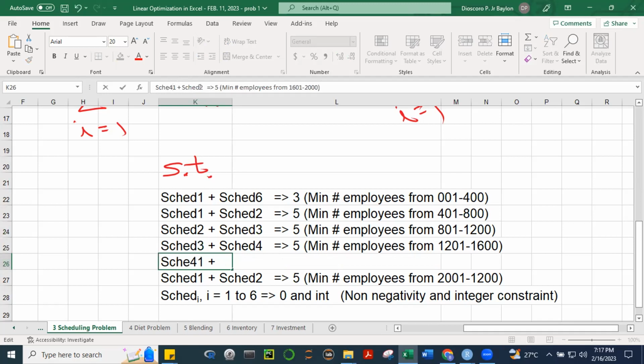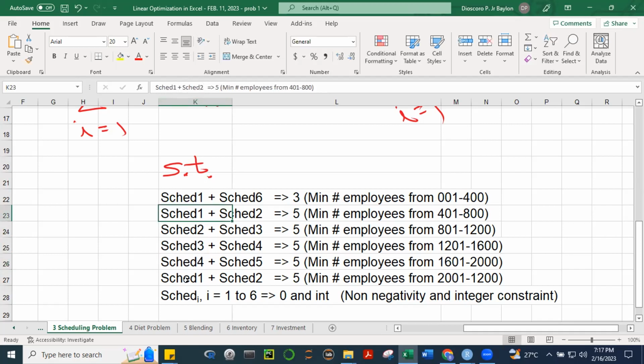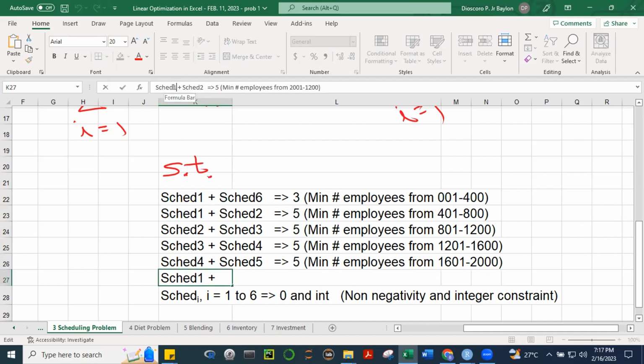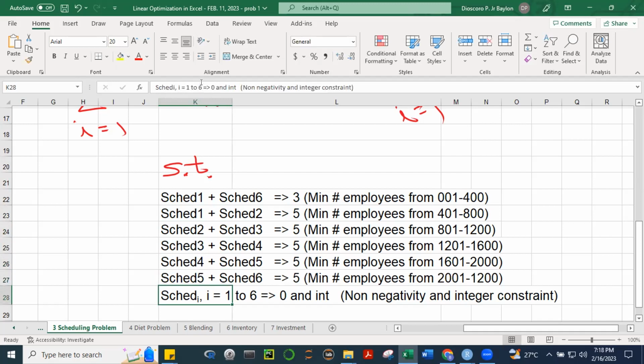This is schedule 4, schedule 4 and schedule 5, and then schedule 5 and 6. Okay, I think that's it. 1 and 6, 1 and 2, 2 and 3. Okay. All right.